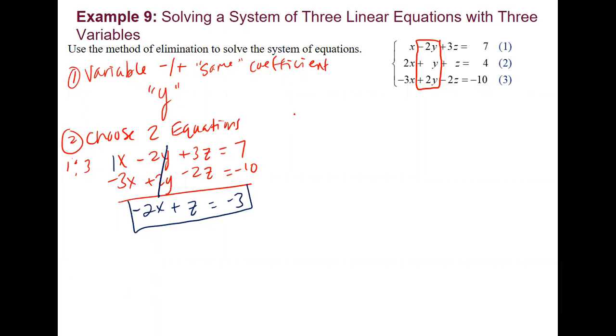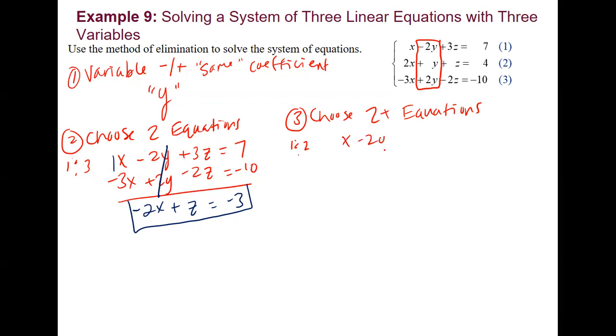Okay. Step 3 is to choose another 2 additional equations to eliminate the same variable. So this time I'm going to use 1 and 2. The reason why I'm using 1 and 2 is because my y is negative here and my y is positive here. And I won't have to worry about multiplying by a negative.